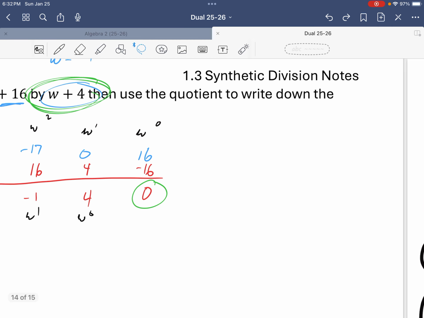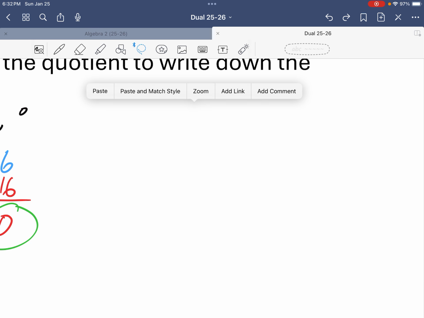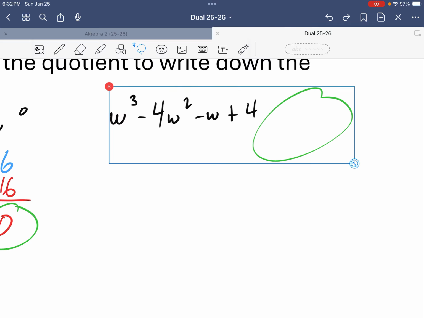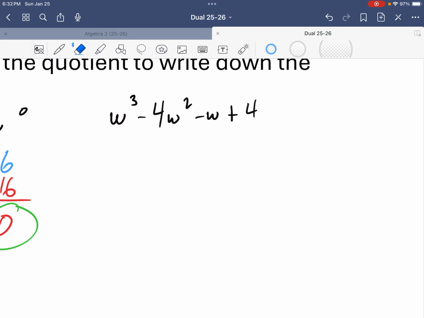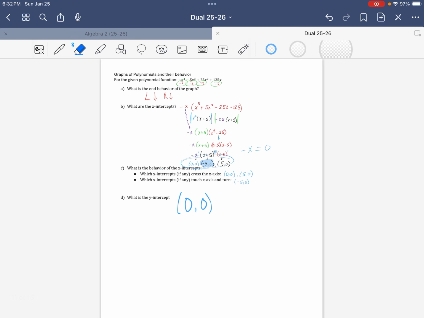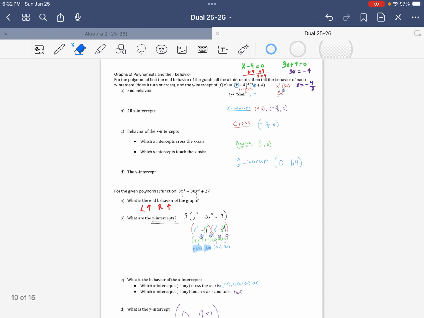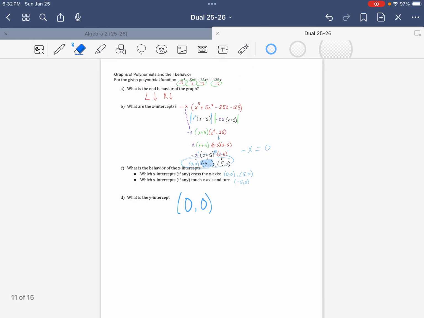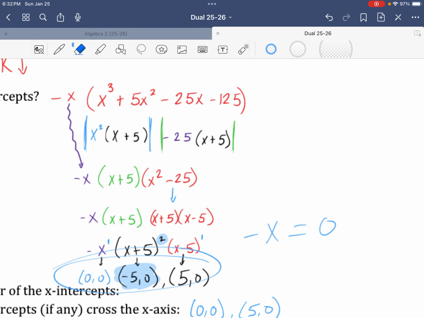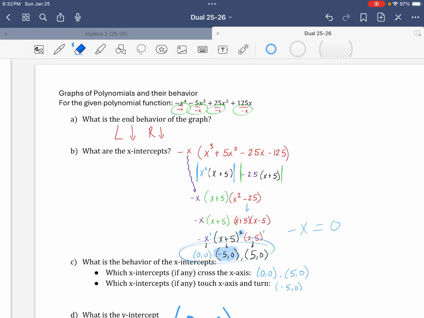We went over this in the other notes the other day, in 1.2 notes.